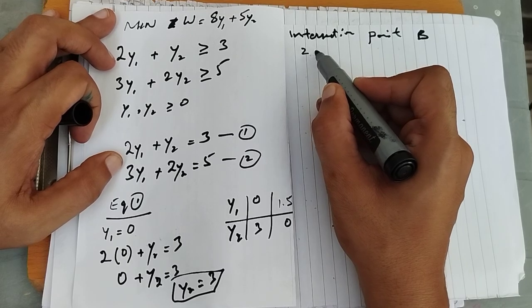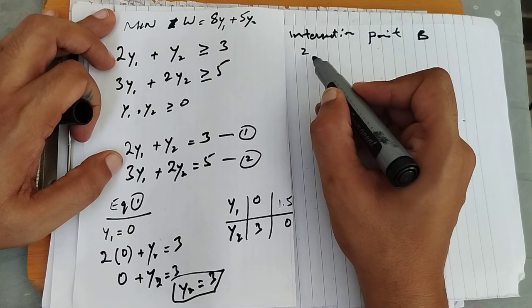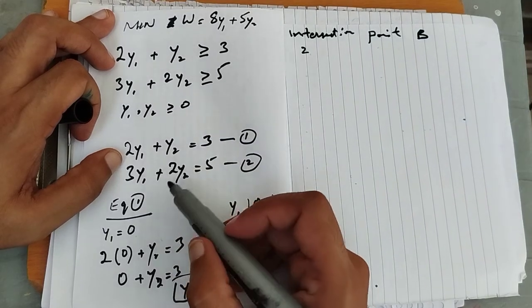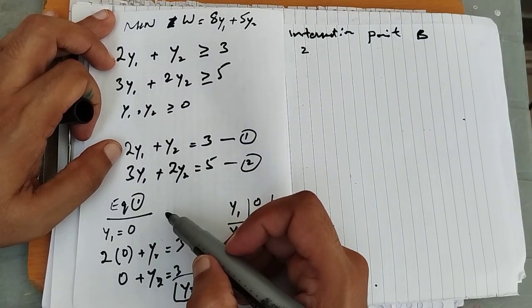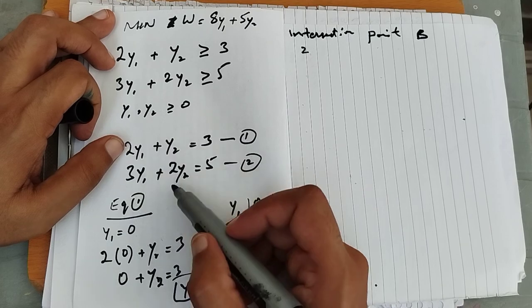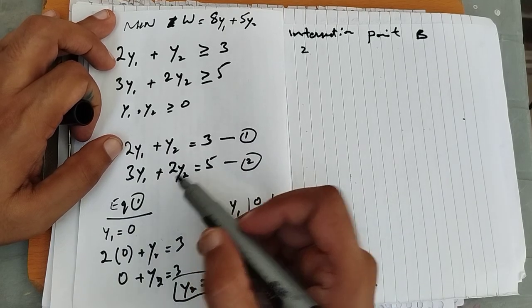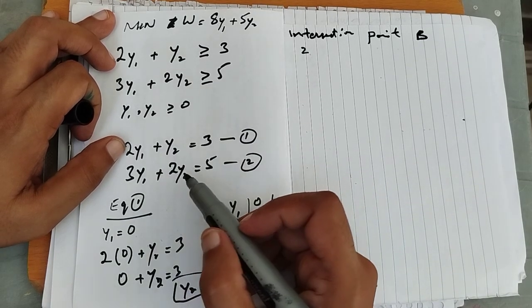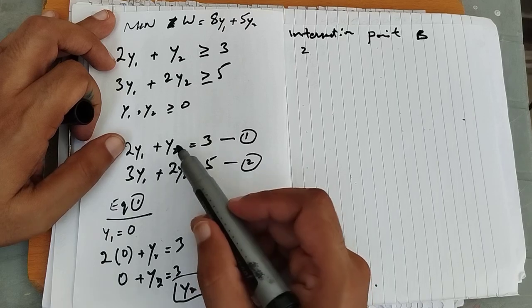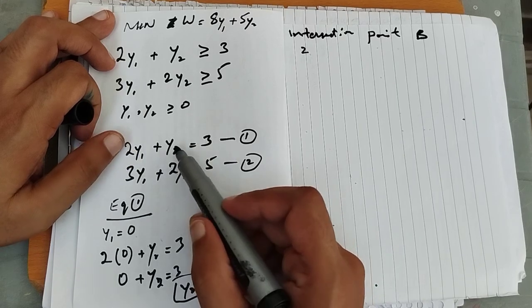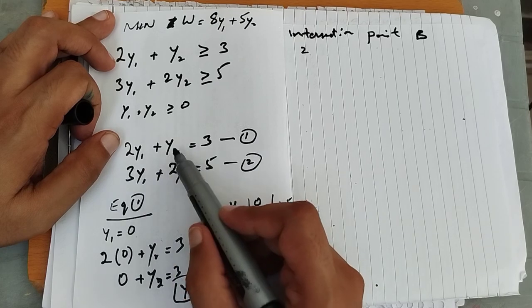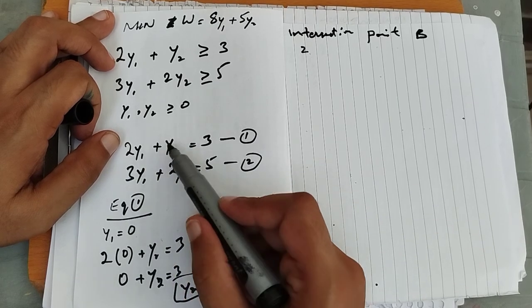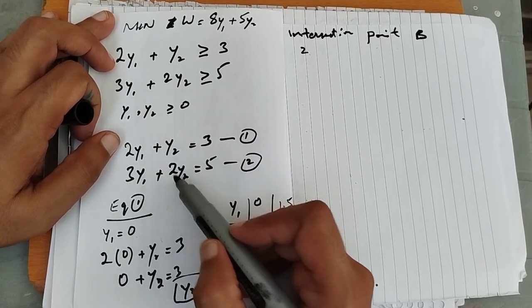We have to use the elimination method. In the elimination method, we try to make them equal. For example, we need to eliminate y2, so we need to make the y2 same, so that we can subtract and eliminate.